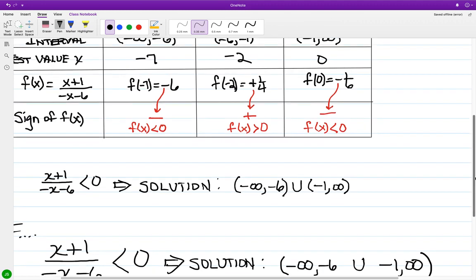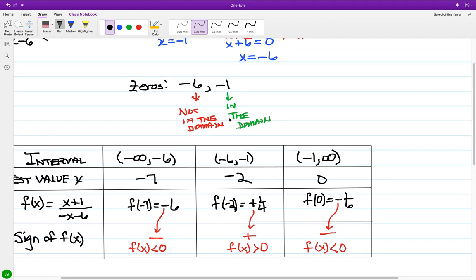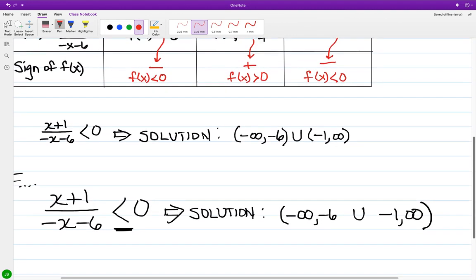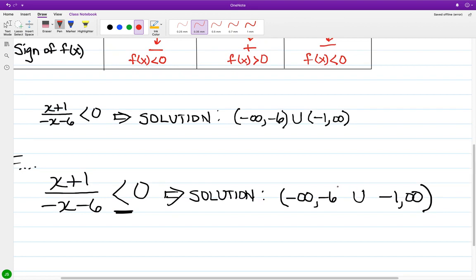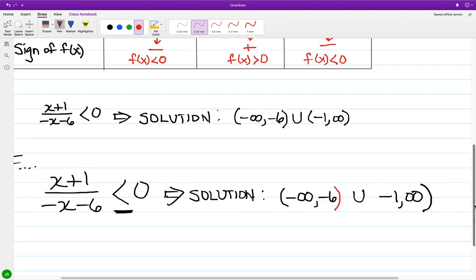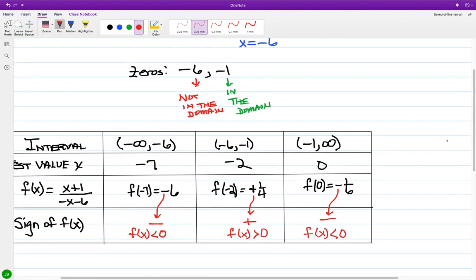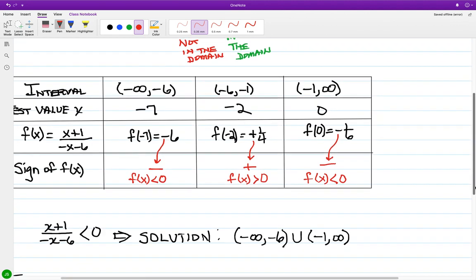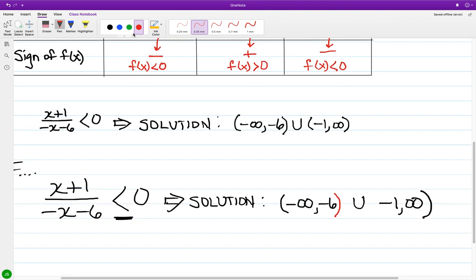In this particular case, -6 is not in the domain, and I'll just indicate in red, not in the domain. -6 is not in the domain, and if a zero is not in the domain, that is going to be in parentheses. And in the case of -1, -1 is in the domain, and since -1 is in the domain, the enclosure around -1 would be a bracket.